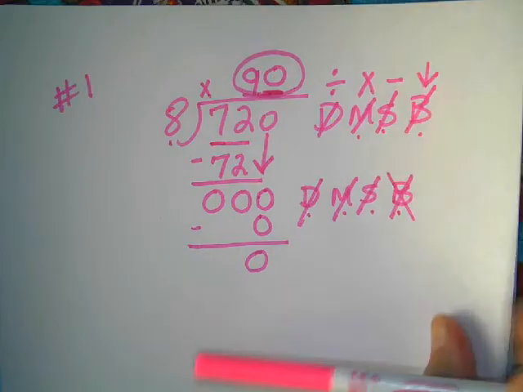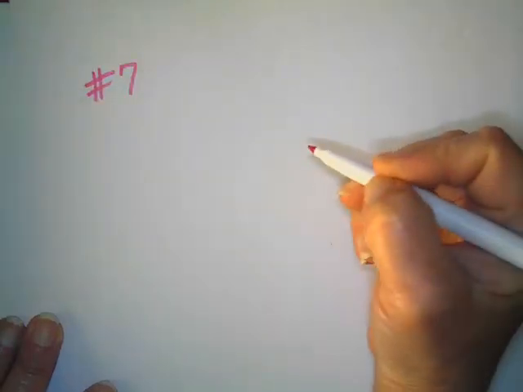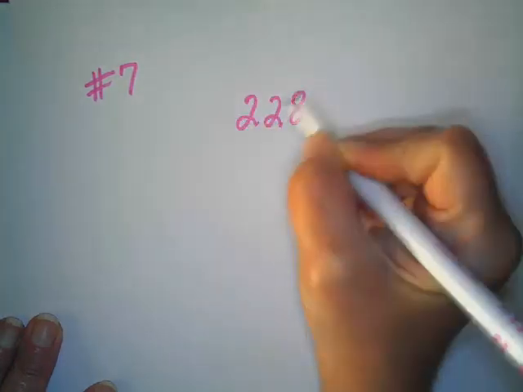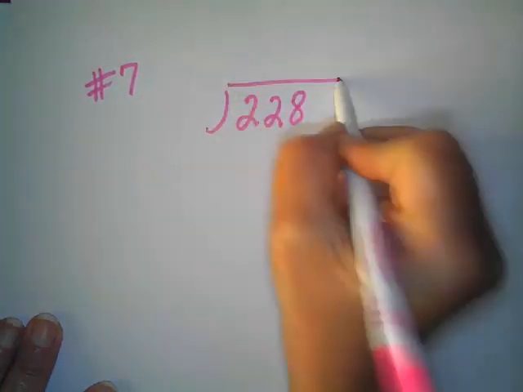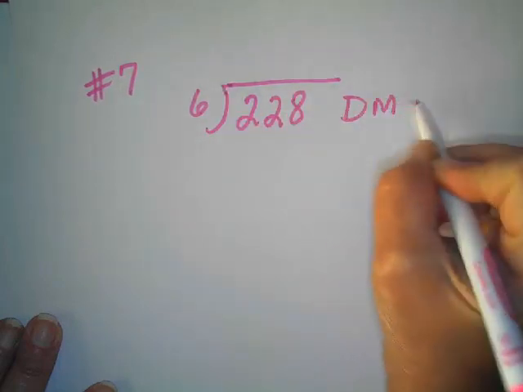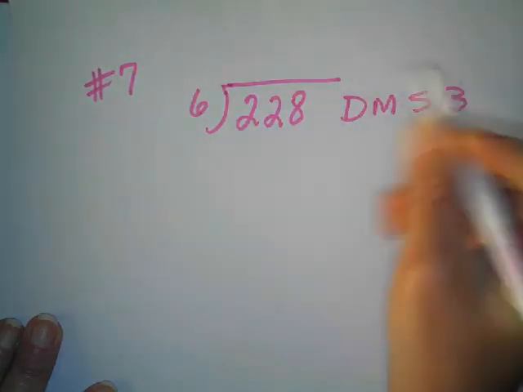All right, let's try another one. We're going to work with number 7. And number 7 says the problem is 228 divided by 6. Does McDonald's sell biscuits?